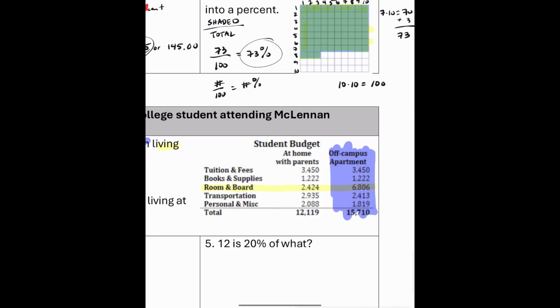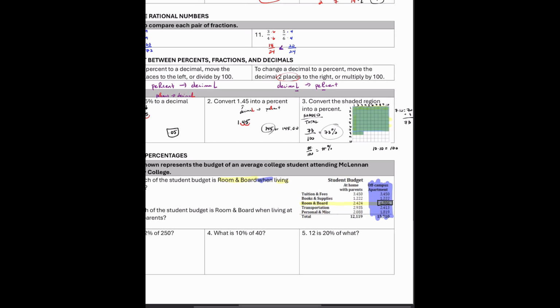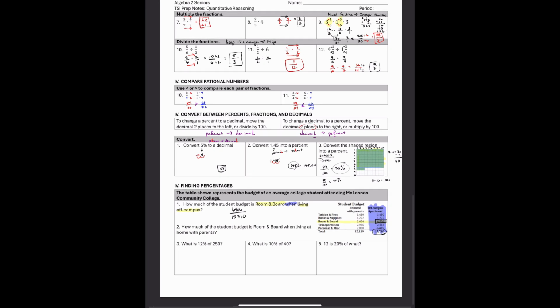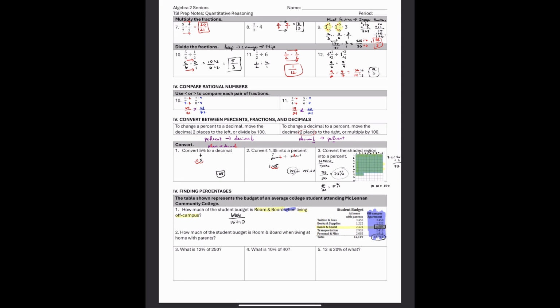So we have $6,806 over the total, which is $15,710. Now, I do not expect you to know what that is as a percentage, right?